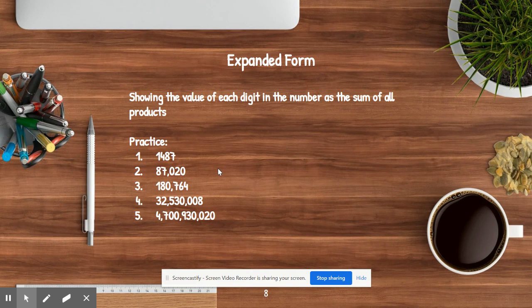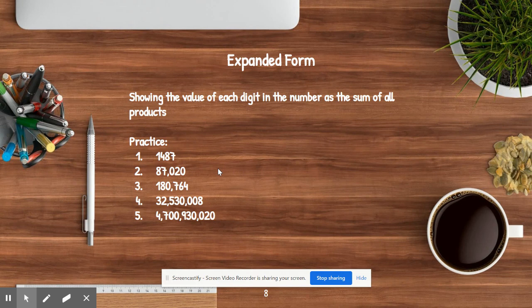Kids at home, since they're not in the classroom with us, might have to actually practice all 5 of them. But if they don't need to do all 5, then they don't need to. We just have to practice until we become good at it, and once you get good, then you can move on.